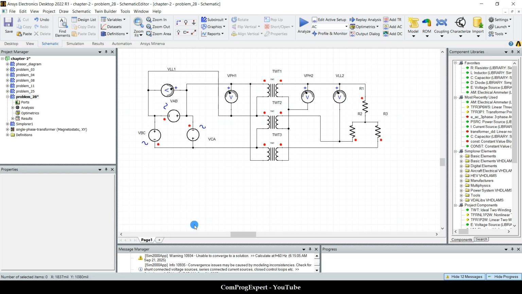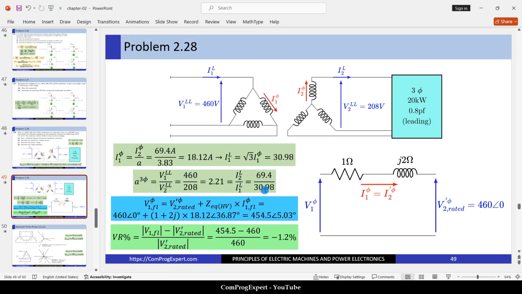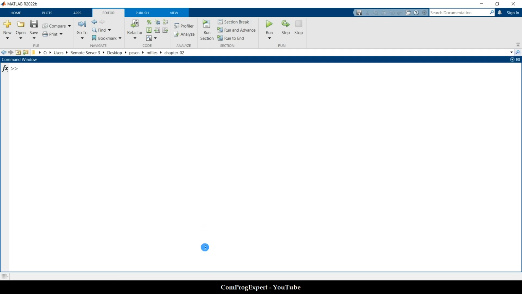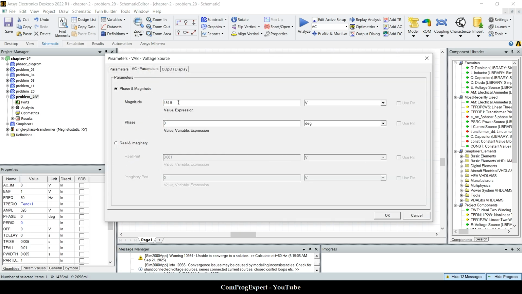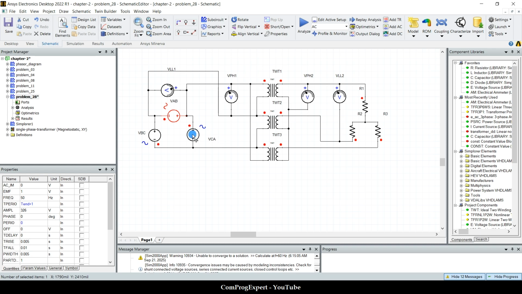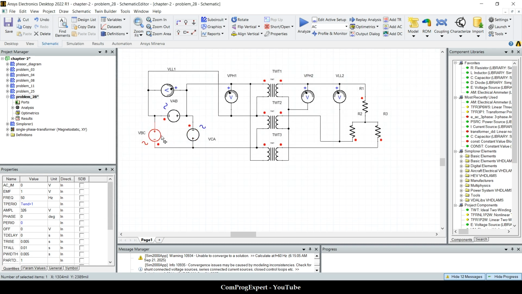Now set the parameters. The value of the line-to-line voltage for the input that we calculated is 454.5. So here I set this number for the amplitude. Okay, here the RMS value, here and here.